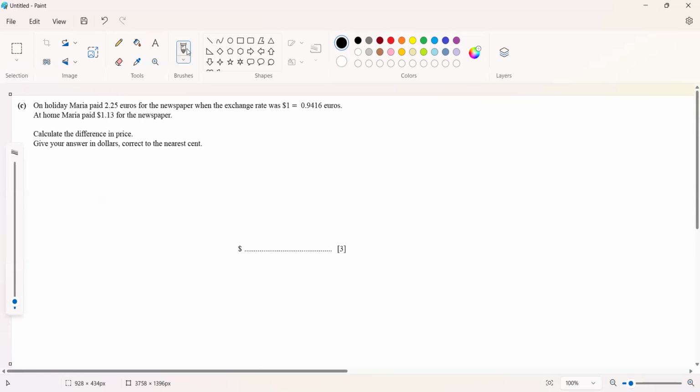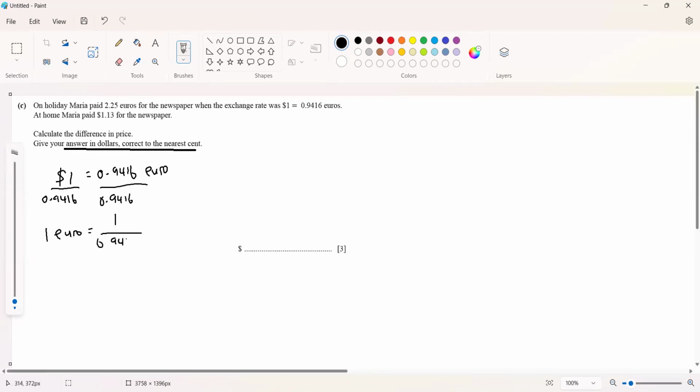They say to give your answer in dollars, so we are converting to dollars instead of the other way around. To convert 2.25 euros to dollars, we know that $1 is 0.9416 euro. To make it easier, we convert it to 1 euro by dividing both sides by 0.9416. So we have 1 euro equals 1 over 0.9416 dollar.